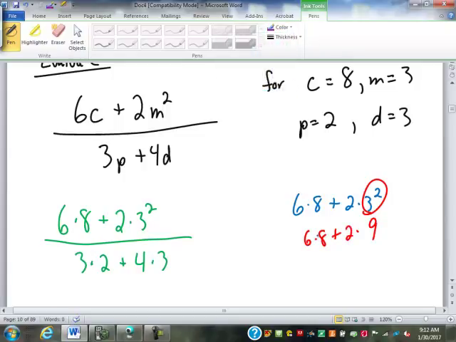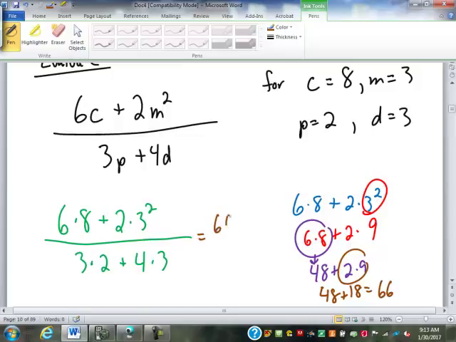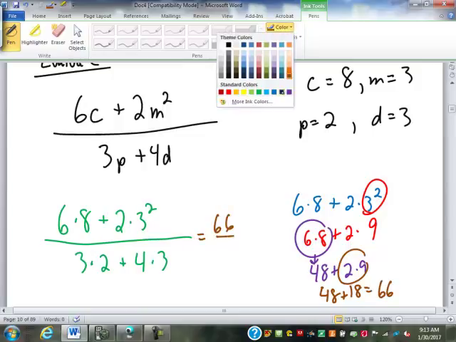And then multiplication. So 6 times 8, 48. And 2 times 9, 18. So 48 plus 18 is 66. So the top of this is 66.